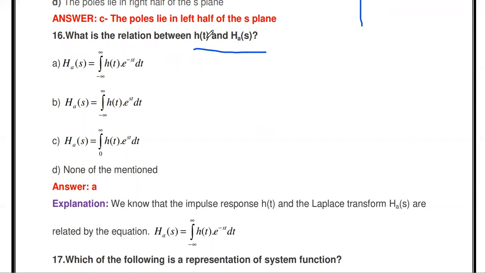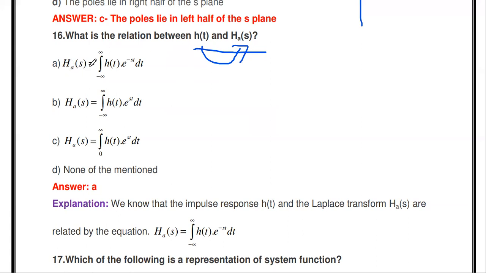Then the next one: what is the relation between h of t and HA of s? h of t is the impulse response of the analog system. HA of s is the transfer function or system function. If you take the Laplace transform of h of t, we will get HA of s. What is the formula? You already know the Laplace transform formula.